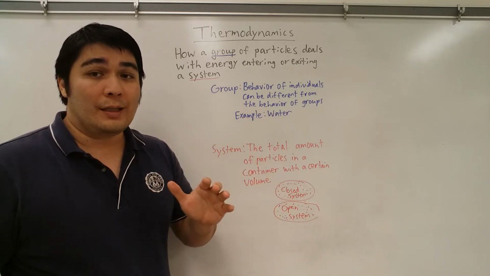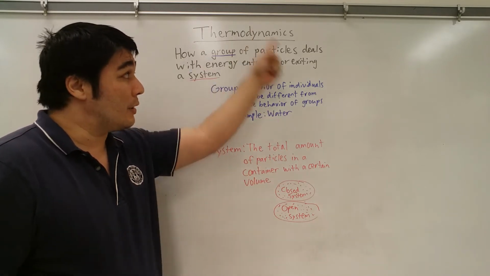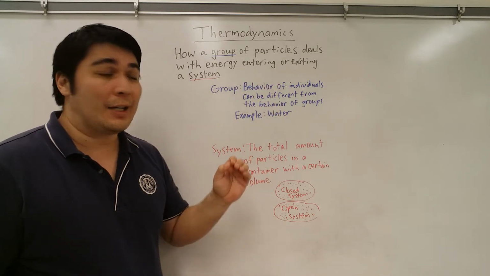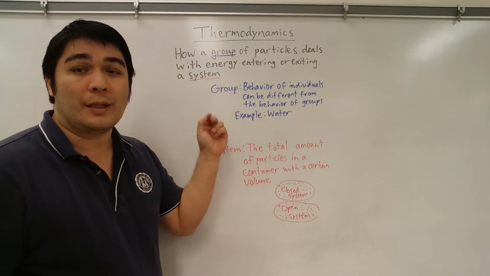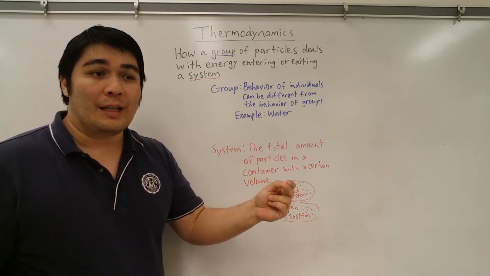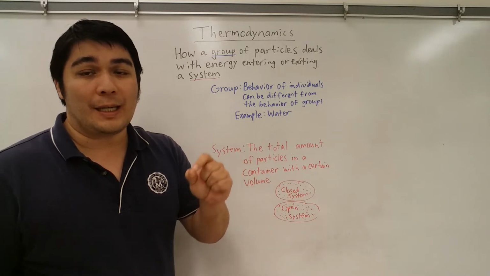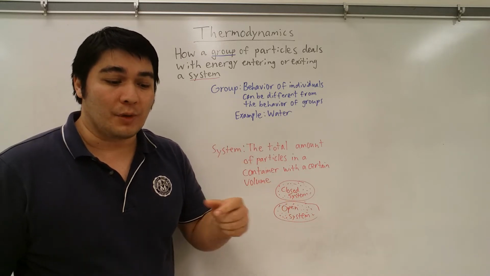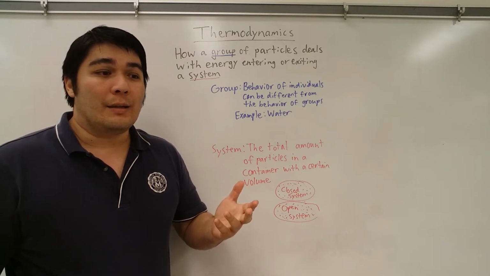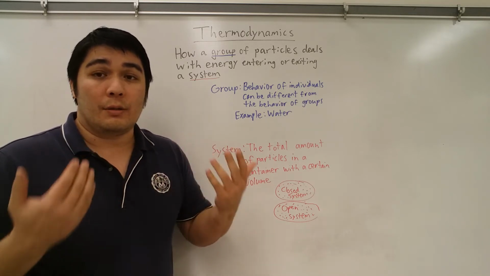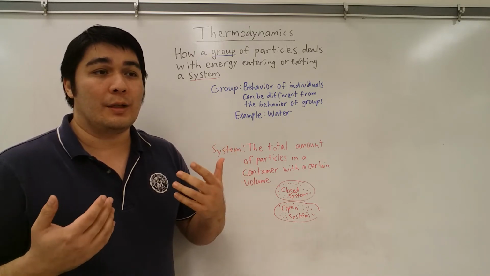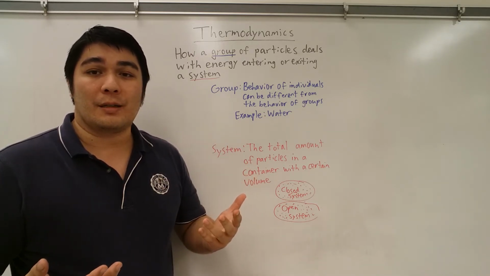One of the things that makes this thermodynamics concept very difficult is actually this word group, because the word group implies that there is a behavior that is not necessarily shared by each individual particle. For example, if I had water, I could drink water and it would keep me alive. I could spray water on my face and it would keep me cool while I'm exercising.